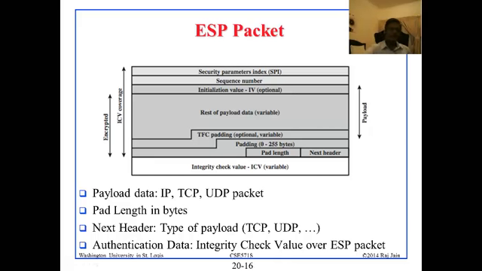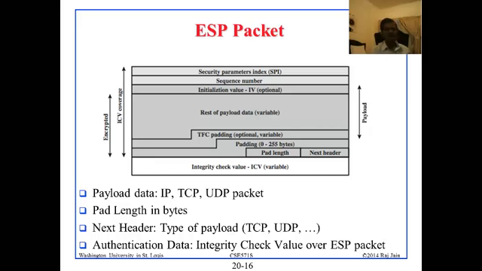TFC stands for Traffic Flow Confidentiality. Traffic flow confidentiality padding, as the name indicates, is basically to change the size of the packet. A small packet can tell somebody that this is either a request or an acknowledgement, while a large packet could be a response.